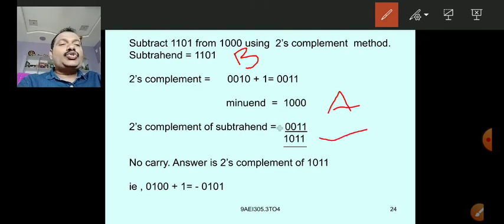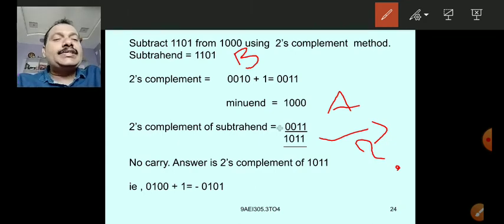this is the 2's complement number. The number we got is a negative number. It is the 2's complement representation. What is the actual result?